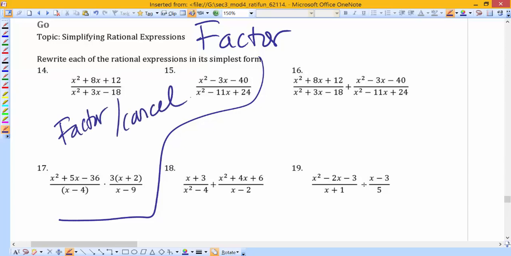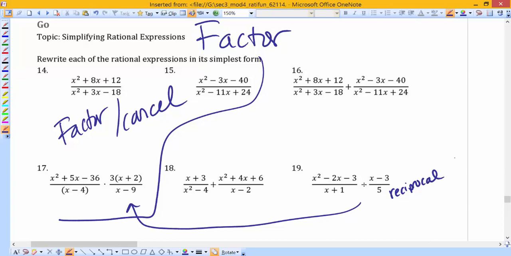That is a must. In 16, you can factor. Actually, let me do 16 with you to get you started, and then that will help you with 18. And then 19 is division. So once you rewrite it, then it's like 14, 15, and 17 with the multiplication. So don't forget with 19, you must take the reciprocal of your second fraction.